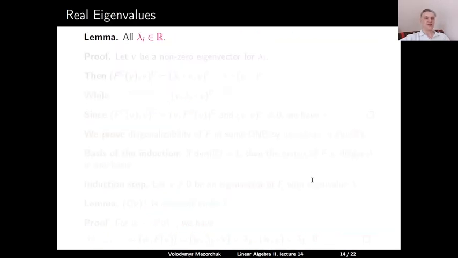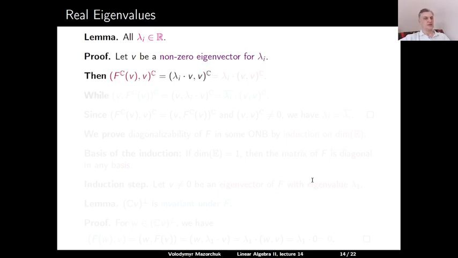The next observation is that all these complex numbers lambda i, all roots of this characteristic polynomial, are in fact real. Proof. So take such a root lambda i, it's an eigenvalue, and take a non-zero eigenvector v for this lambda i. Let us compute the inner product between f of v and v in the complex sense. Well, v is an eigenvector, so this is lambda i times v, inner product with v.